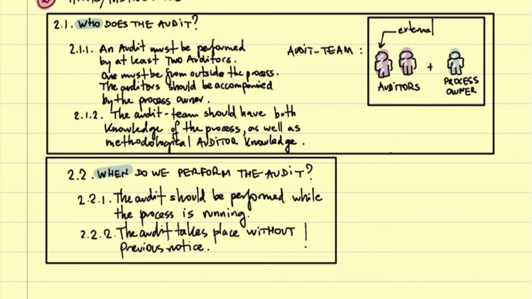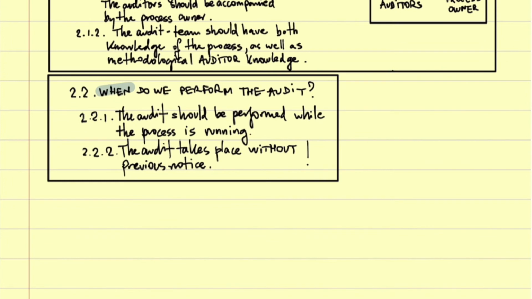Who, when, and then let's talk about some important aspects for the team members. 2.3, important aspects for team members.